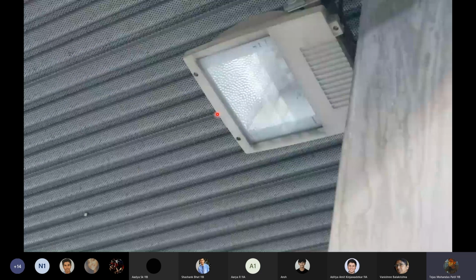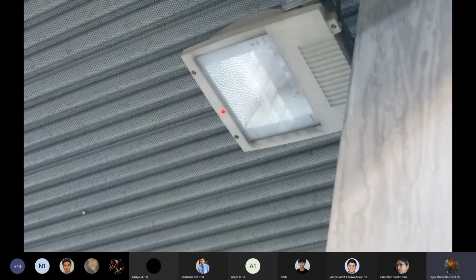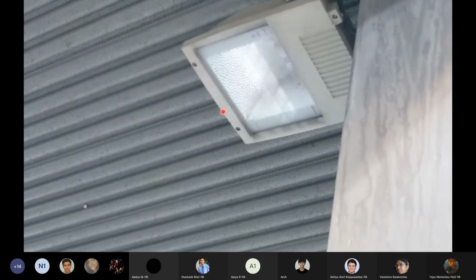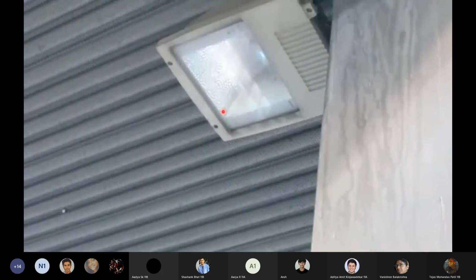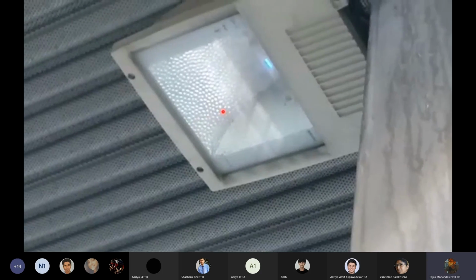So this is one metal halide lamp. I just wanted to show you how long the startup time is. It's like a small metal halide lamp. If you compare it to a stadium lamp, this will start up faster, but stadium lamps take longer. So we can just watch this video. You can see it's still taking time to start. There's a warm-up time needed for those.